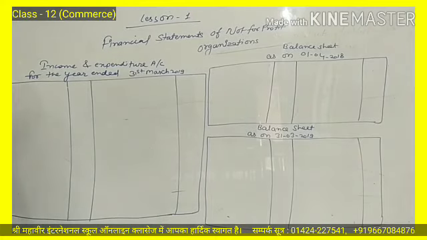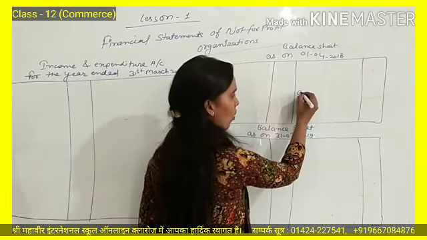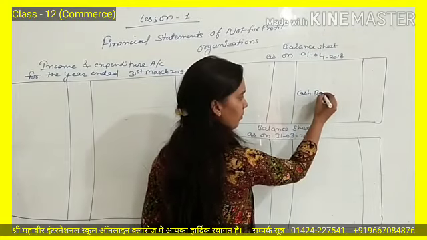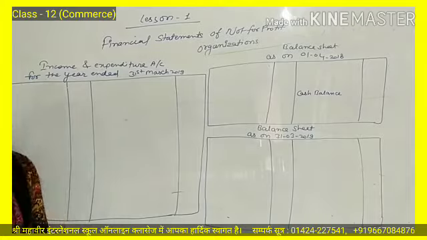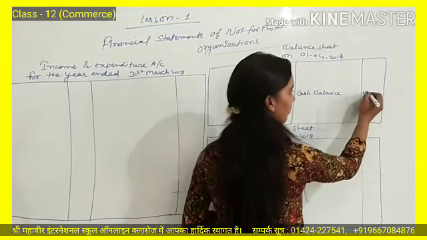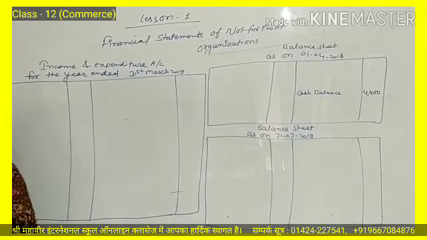So let's start with the first point, the receipt and payment account. To balance BD on 1st April 2018, 4,400. This is the opening cash balance, so it will be shown in the opening balance sheet. Cash balance amount is 4,400. Next point, subscription.